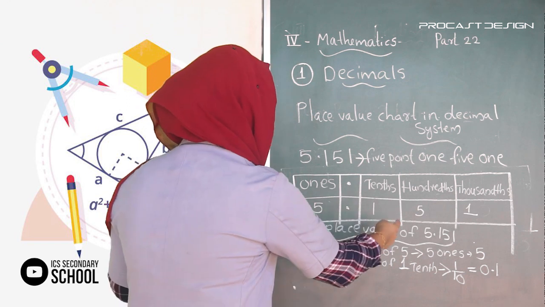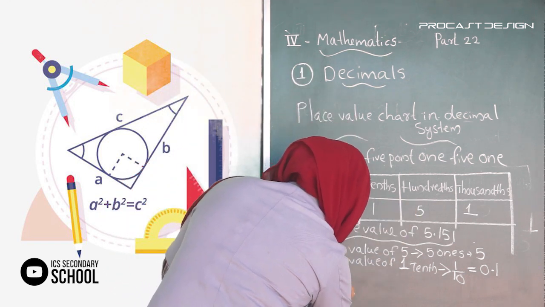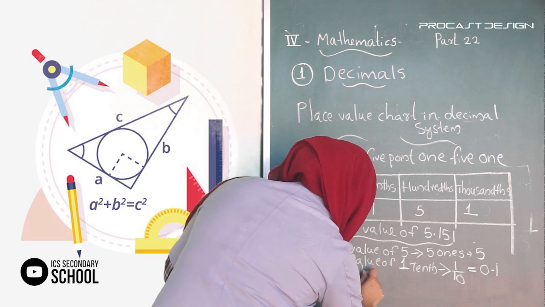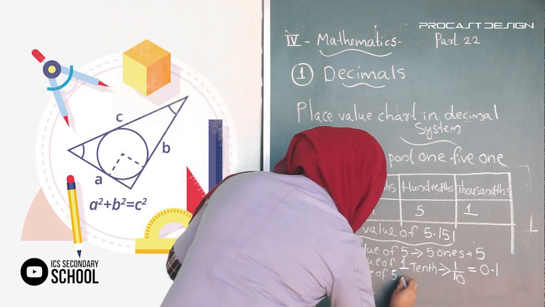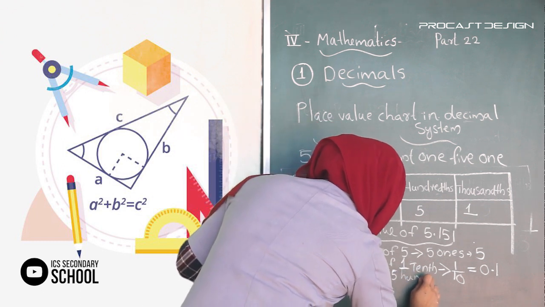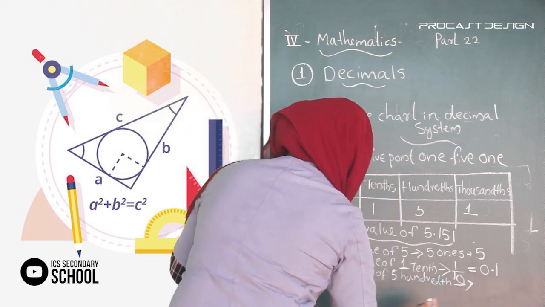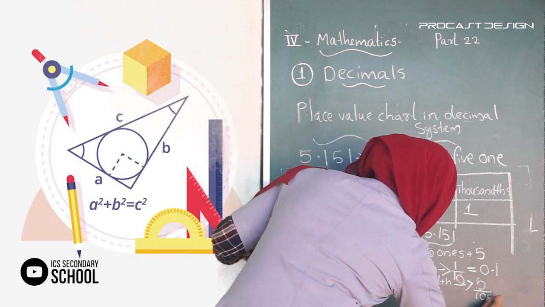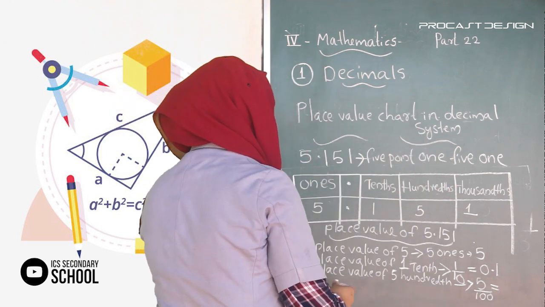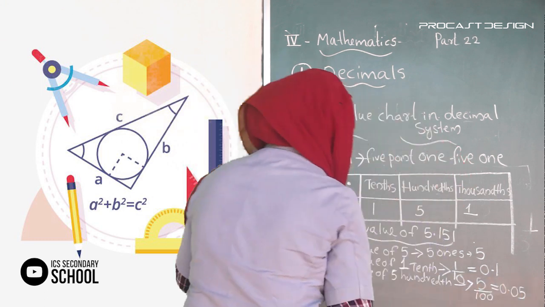Okay. So next is the place value of 5. 5 hundredths means 5/100. So we can write 0.05. Okay.